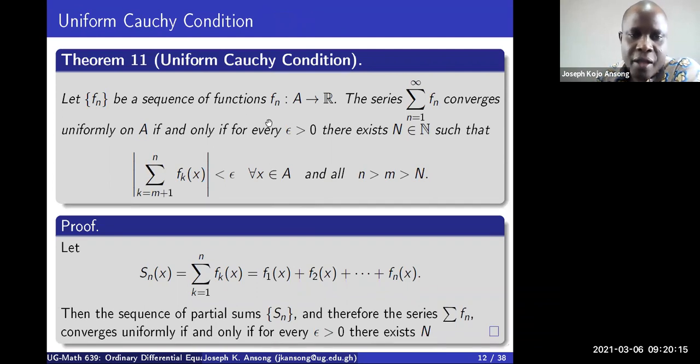Good. Then we want to look at the uniform Cauchy condition. This is a very important condition as well when we come to proving the Picard-Lindelöf theorem, so pay attention to this one.